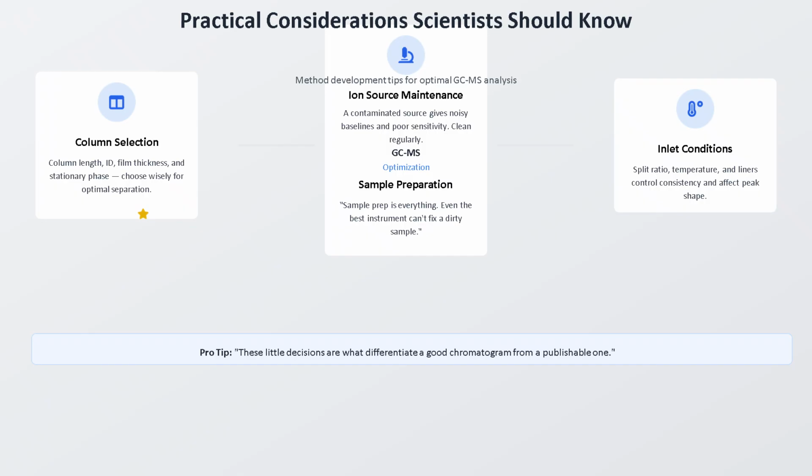Inlet conditions, including temperature, split ratio, and liner type, directly affect peak shape and reproducibility. And never forget ion source maintenance. A dirty source means noise, drifting baselines, and poor sensitivity. These small decisions are what transform an average chromatogram into a scientifically valuable one.